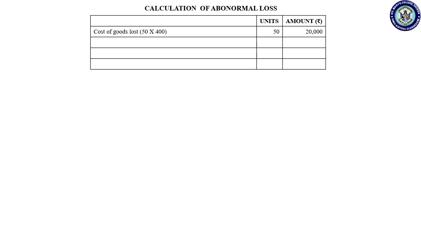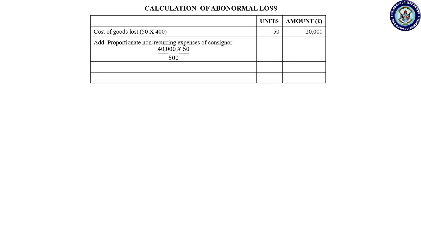Okay, next you have to add proportionate non-recurring expense of the consignor. Now how to calculate proportionate? See, the non-recurring expense of the consignor, that is 40,000, is given in the problem. So 40,000 is the non-recurring expense incurred by the consignor for 500 units, because he consigned 500 units.